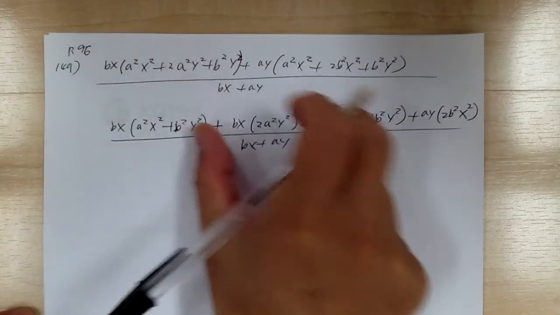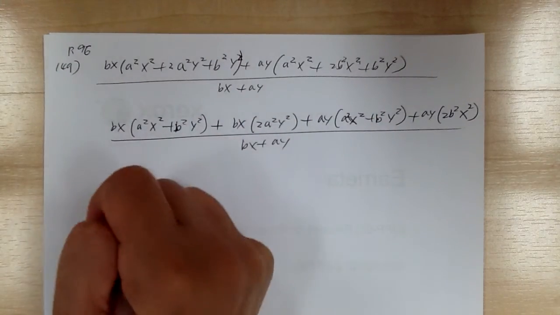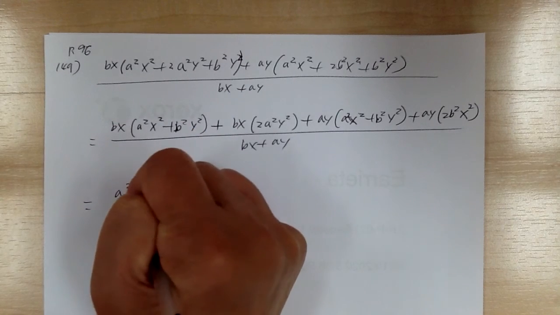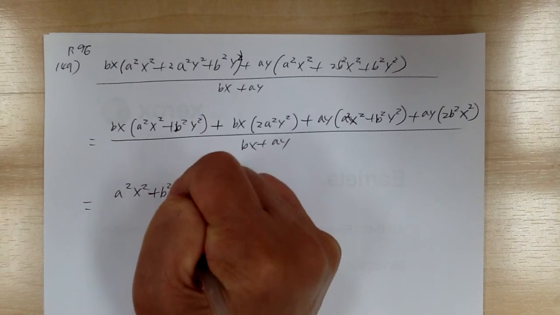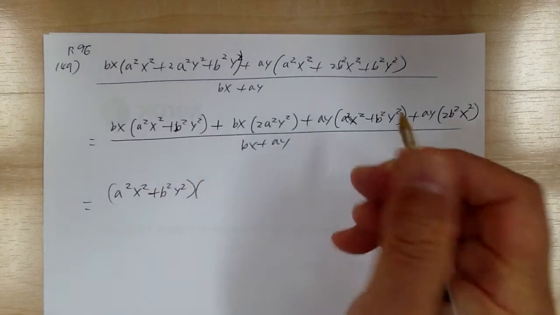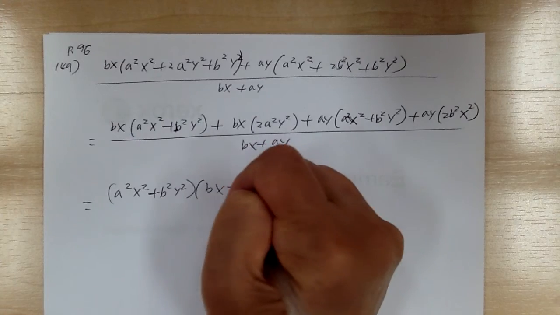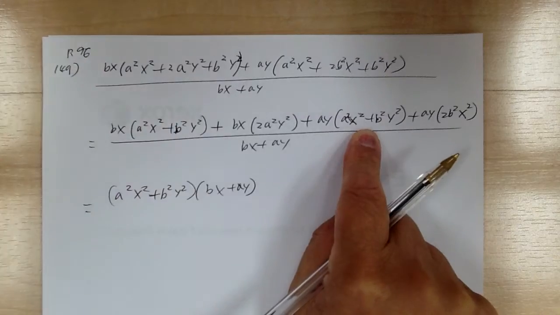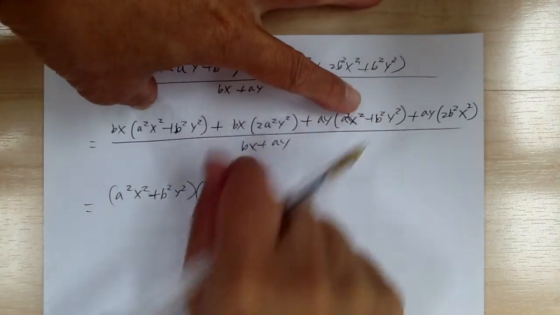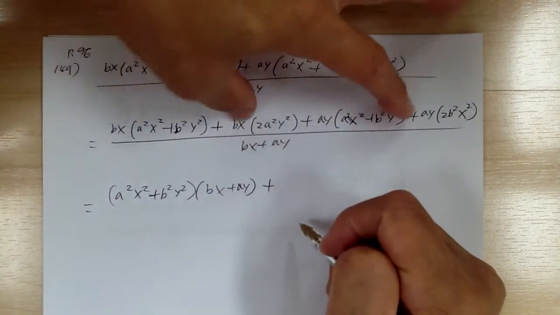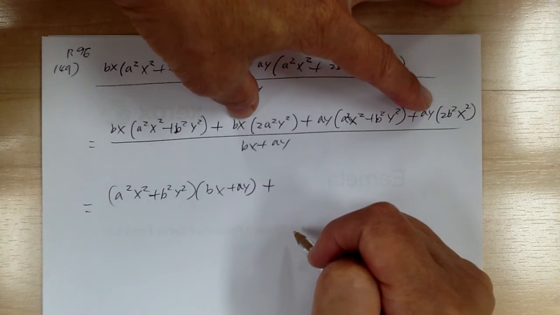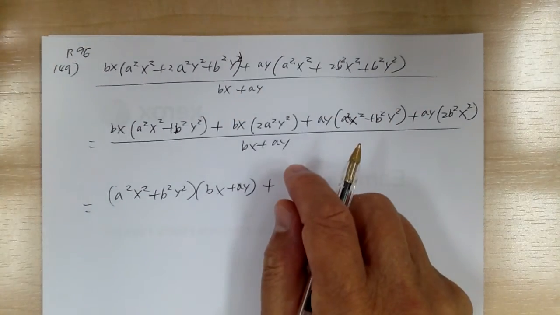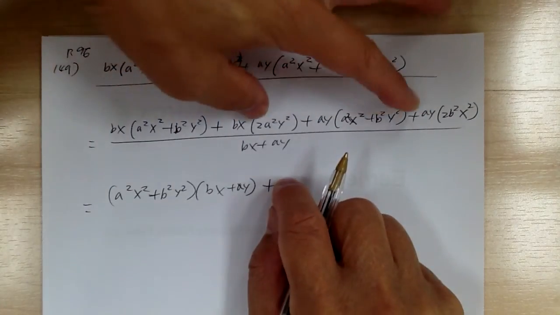So we're going to group these two. We end up with a squared x squared plus b squared y squared times bx plus ay. I'm factoring these two, so when I factor, I get that. Plus, I'm doing the grouping, so for these two over here I'm going to just multiply out.